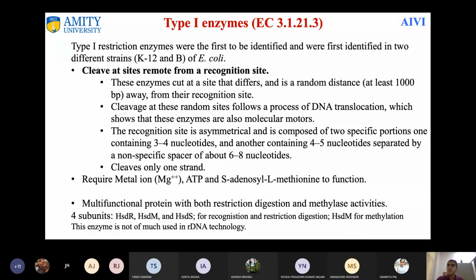Even locations in the northeast and Jammu Kashmir, or some location in a village without much transport, we call a remote location. So a location far from you is a remote location. Here also it is the same: it produces the cut at a remote location, 1000 base pairs away from the recognition site.